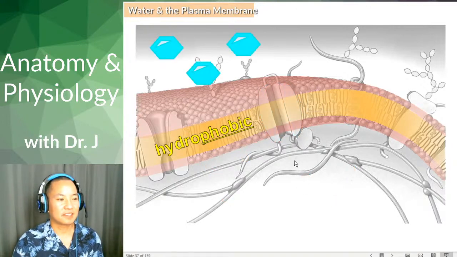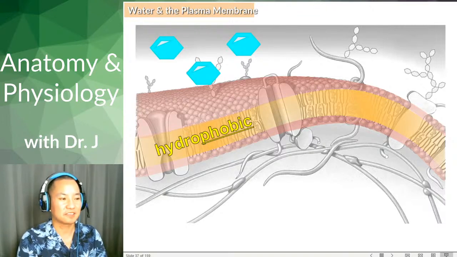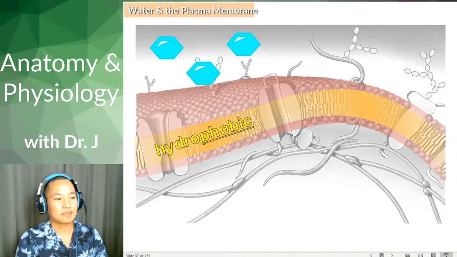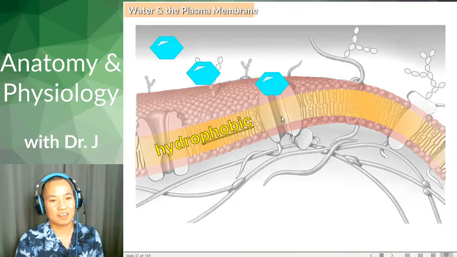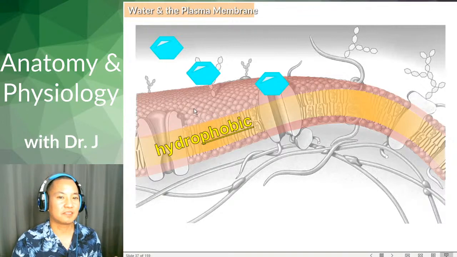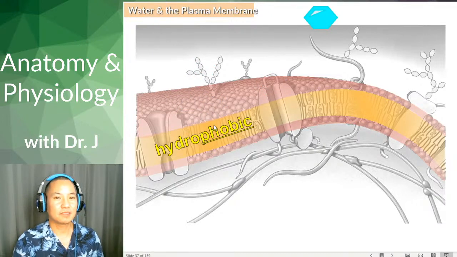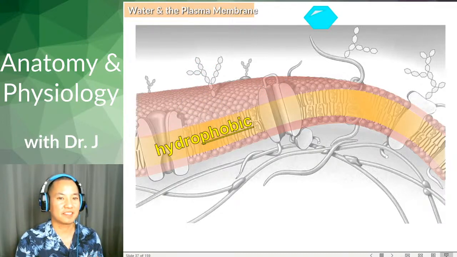Now here we have a cartoon of sugar molecules, or glucose molecules in this case. Glucose has a hard time passing through the hydrophobic core. Aquaporins only allow water through, so glucose can't use those. Compared to a water molecule, glucose is relatively huge, and it also has a hard time squeezing through these phospholipids. Why? Because glucose has partial positive and negative charges.